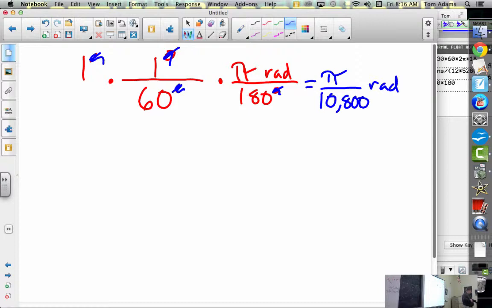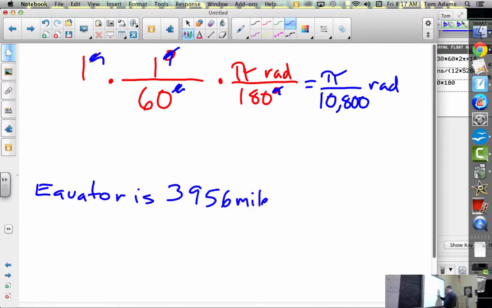Now, I happen to know that the equator was about 39.56 miles.